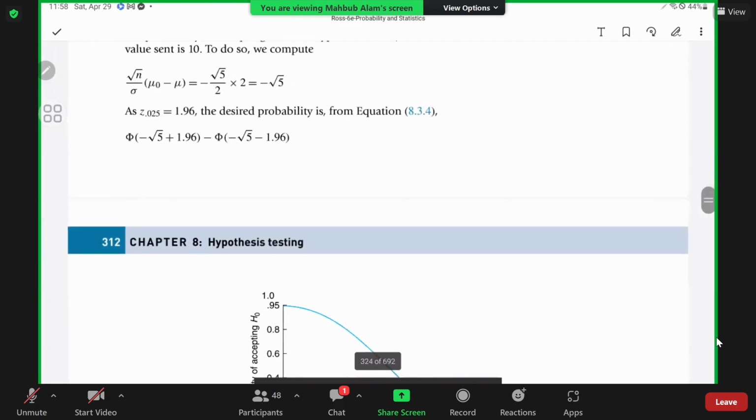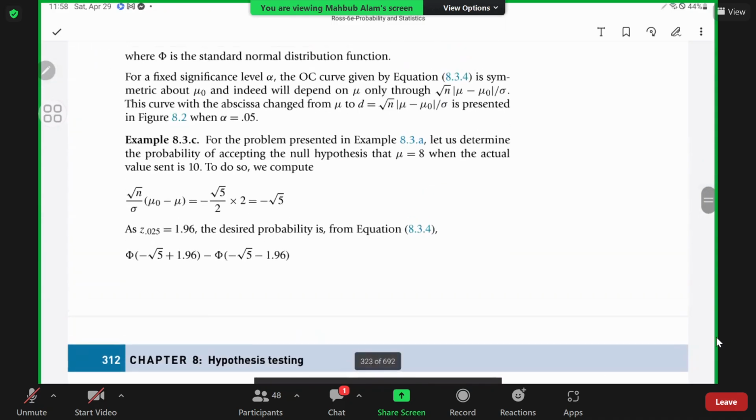For the example that we considered just a few minutes back, if we want to determine the probability of accepting the null hypothesis that mu is equal to 8 when the actual value sent was 10, that means mu naught is equal to 8 and mu1 is equal to 10.